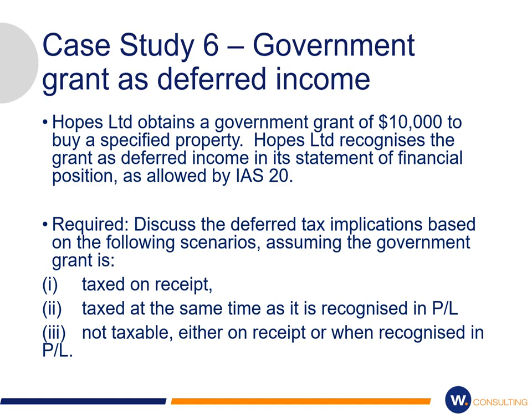Now, what would be the tax implications based on the following scenarios? Firstly, if the government grant is taxed on receipt, if it's taxed at the same time as it is included in profit and loss, or if it is not taxable at all. If it's taxed on receipt, what is the tax base going to be? Before looking at the solution, let's look at the definitions.